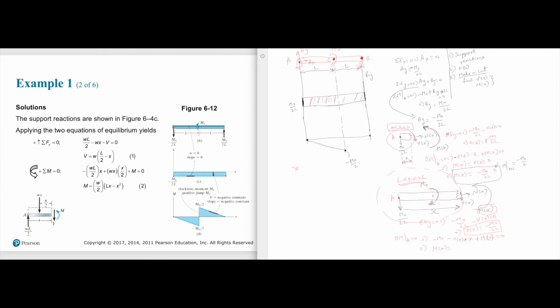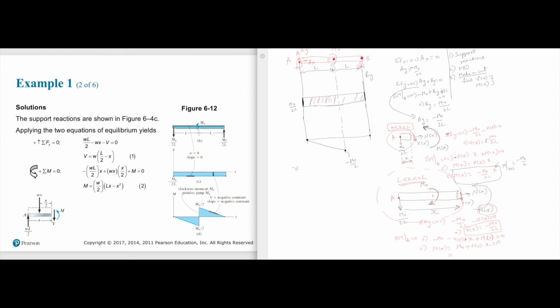That means the moment at x is M naught plus V of x times x, right? Then it is equal to M naught plus what is V of x?